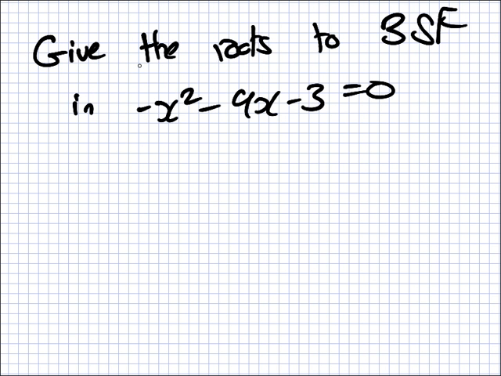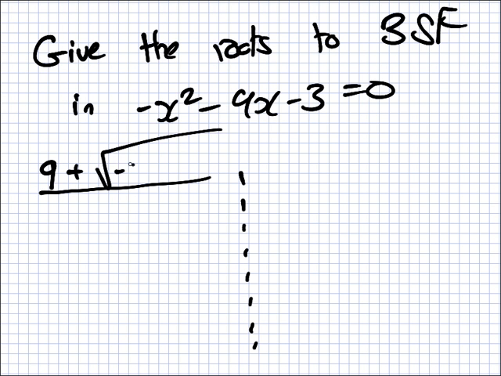Got them yet? Yeah. So on the calculator it would mean minus minus 9 plus or minus, sorry, we'll do the plus one first, plus square root minus 9 squared minus 4ac all over 2a.